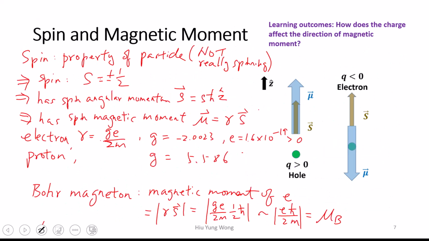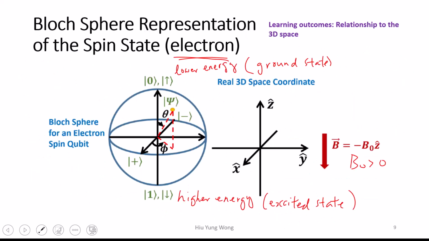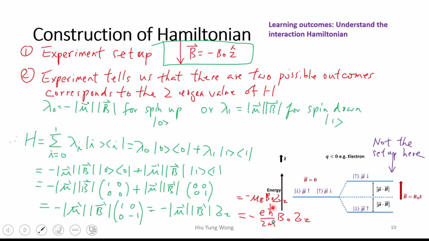So if we go back to the Bohr magneton, it is e h bar divided by 2m. It makes sense, we're talking about an electron, so of course its magnetic moment is the Bohr magneton. Approximately, right? Because g is not actually negative 2, it's 2.002 something.